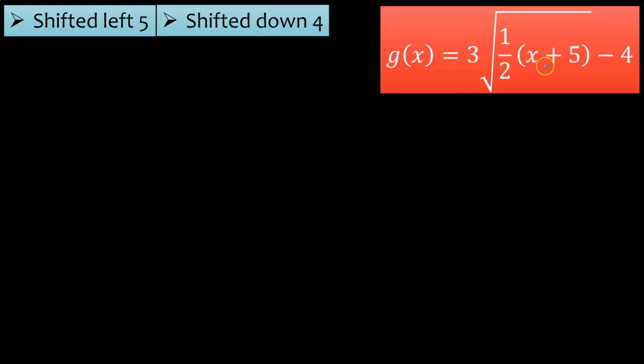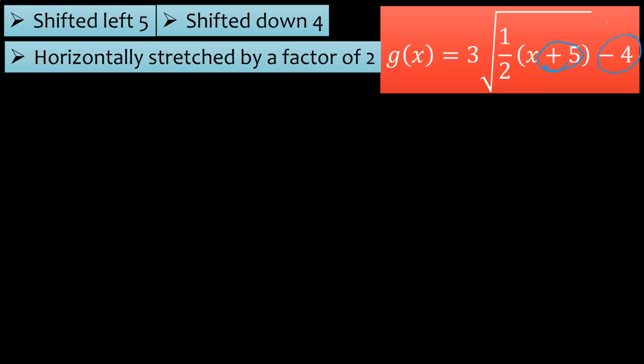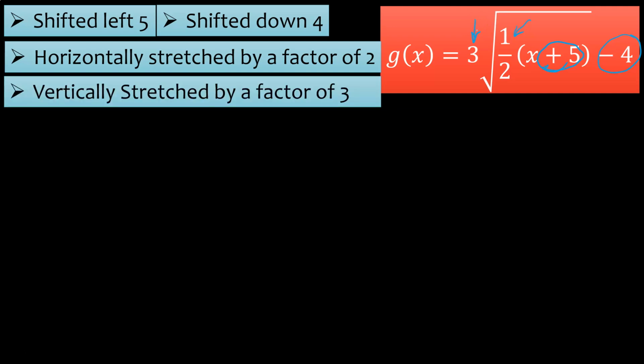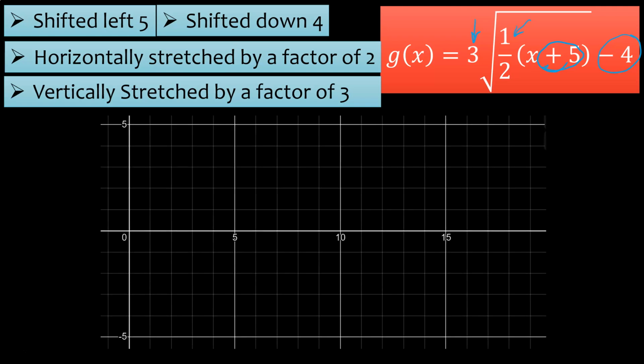We know right here that plus 5 will shift left 5, minus 4 will go down 4, and then we are going to horizontally stretch by a factor of 2, and then here we are going to vertically stretch by a factor of 3. All right, let's see if we can go and do this all together here.